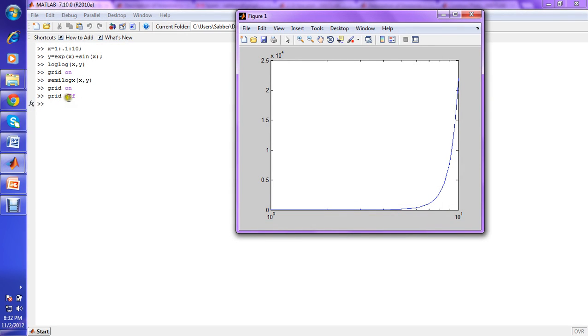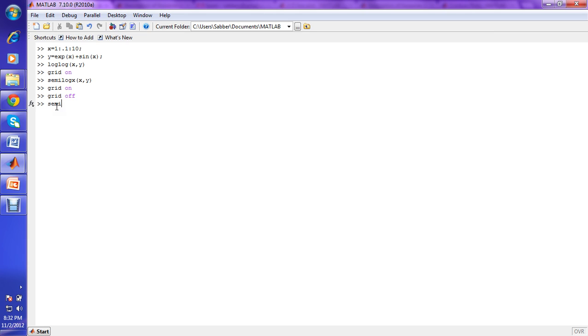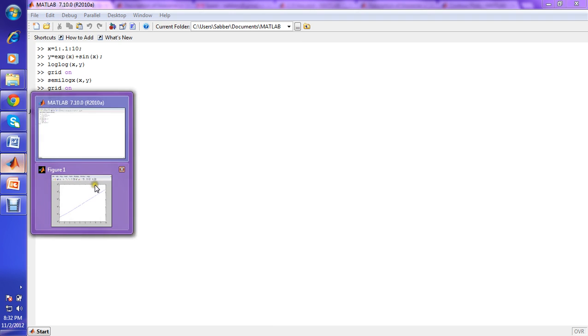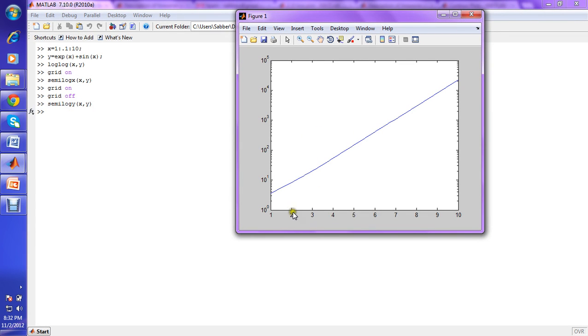If you want the grid, then grid on. Okay, so let's say semilogy x comma y, then we can see the y-axis in logarithmic scale, and x would be the linear scale.